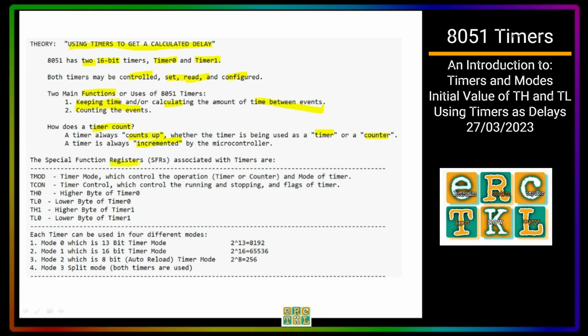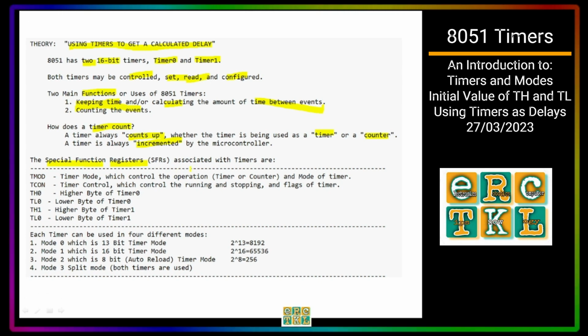Now, there are what we call special function registers, because they have a special use. And the timers will be using the following. Okay? So the first one, we can use the TMOD.